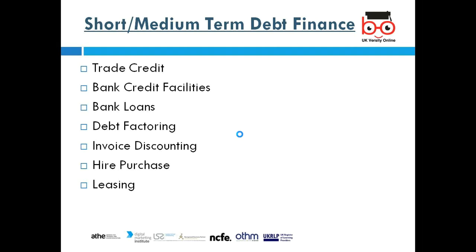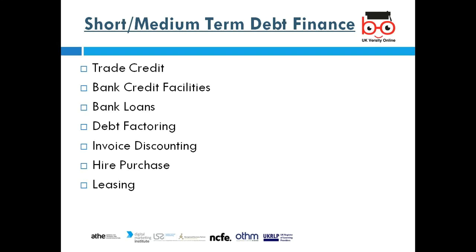When we're looking at short or medium term debt financing, there are trade creditors. What is meant by creditors? Creditors means the people from whom we bought something but have not paid the money yet. If we are purchasing goods on credit, that's called trade credit. That is one source of finance.